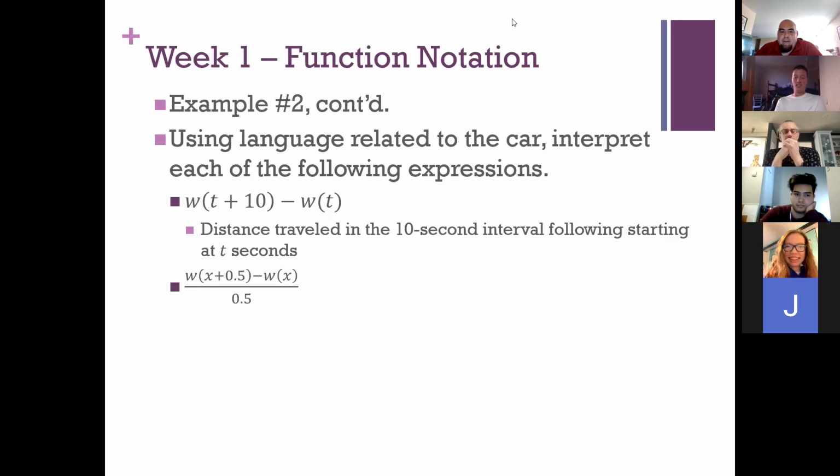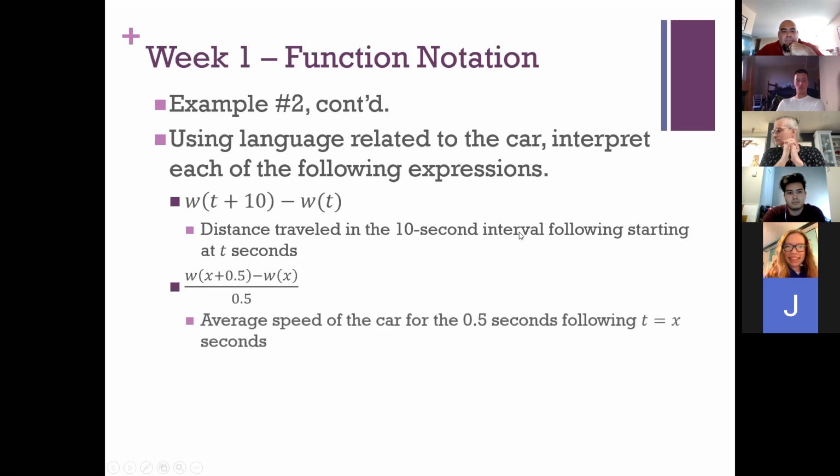How many seconds? Half a second. So if I want the distance traveled in half a second divided by half a second, I'm going to get an average rate of change, an average speed. So, the average speed of the car for the half a second following x seconds, whatever x seconds is.